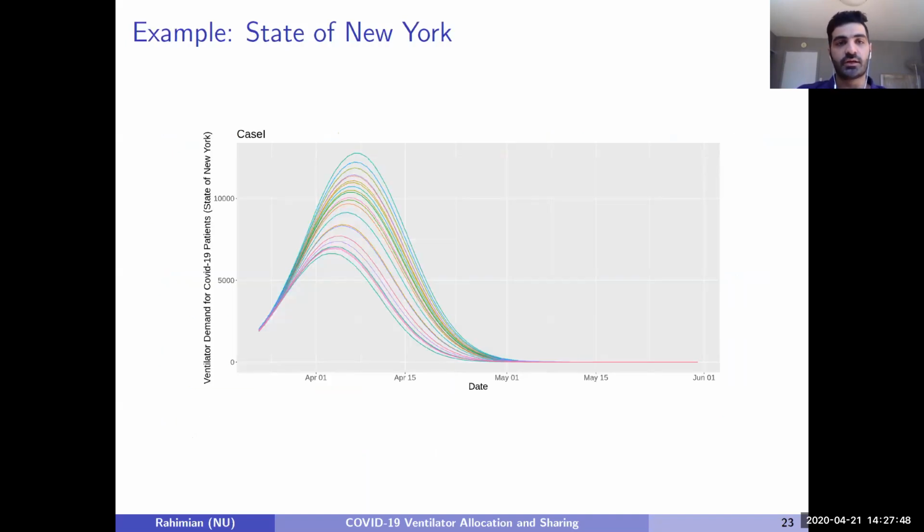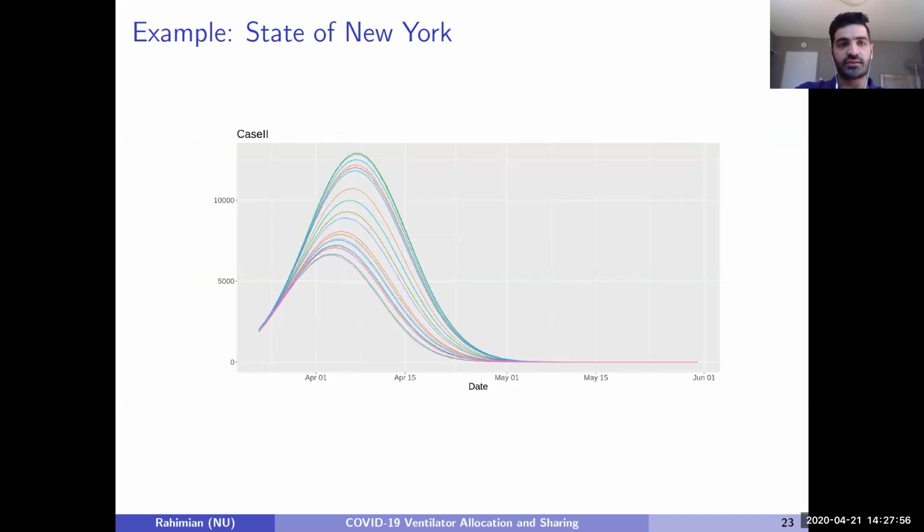To give you an idea, this is how the trajectory of demand for ventilators looks over time for the state of New York. As you can see, in this case, we have some demands that are spread over the vertical line.